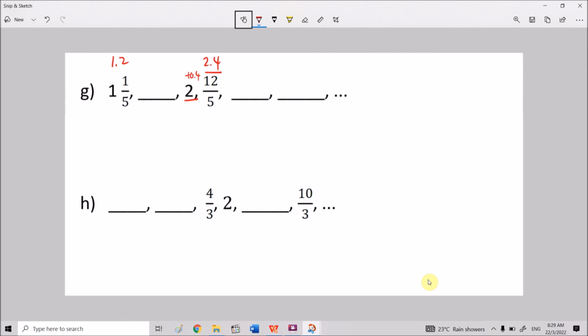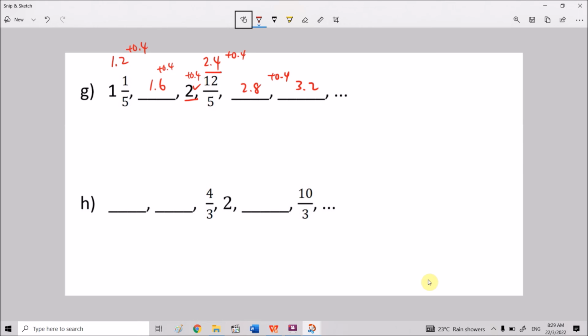So 1.2 plus 0.4 gives 1.6, and 1.6 plus 0.4 gives 2, which is correct. So the pattern here is adding 0.4. To find the next value, add 0.4 to 2.4 and you get 2.8. Add 0.4 again, you get 3.2.